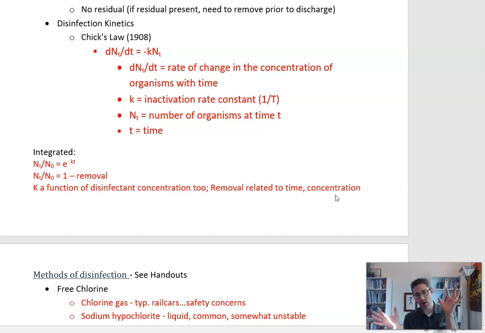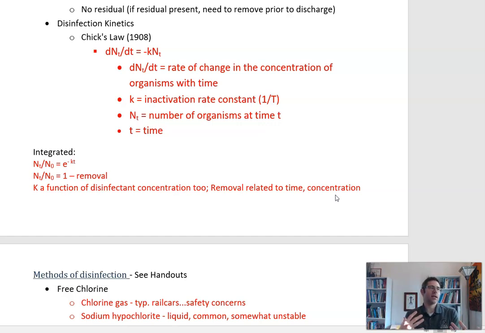As a very broad, simple example, if I had a bucket of contaminated water and I wanted to disinfect it, I could add a tablespoon of bleach. Bleach is chlorine, it's a disinfectant. I add that tablespoon of bleach to the bucket.